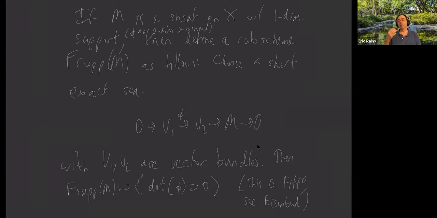So in particular, the fitting support here has the property that if you take a smooth curve in your surface, and M is a rank 2 vector bundle on that smooth curve, then the fitting support will be twice that curve as a divisor.